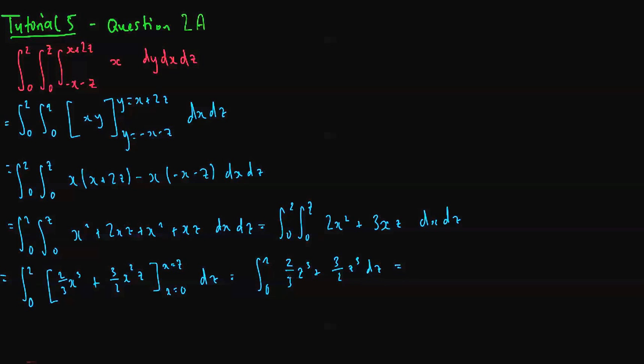So cleaning this up, 2/3 plus 3 on 2, well, that's 4/6 plus 9/6 is 13 on 6.